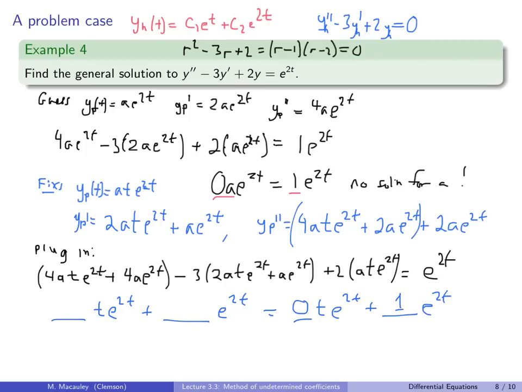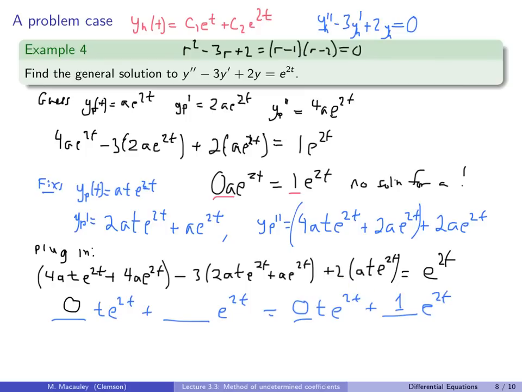How many t e to the 2t's do we have? We have 4a minus 6a plus 2a. So in fact we do have 0 there.